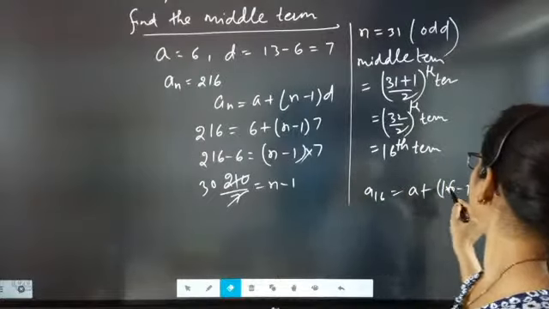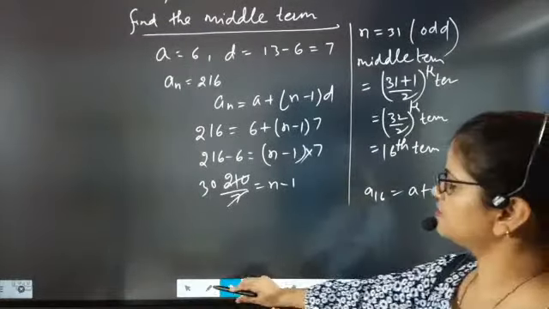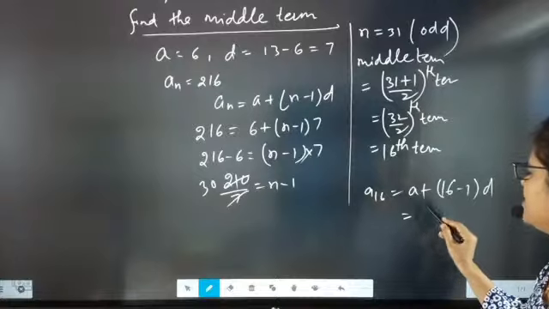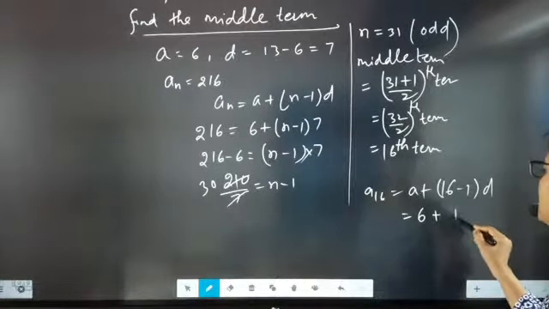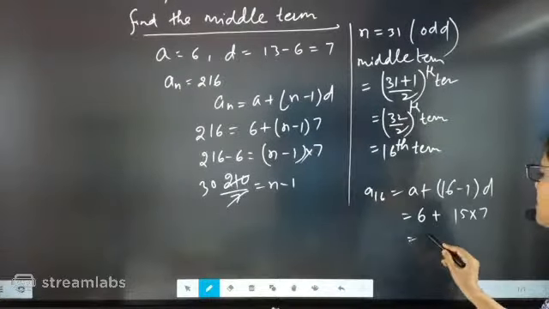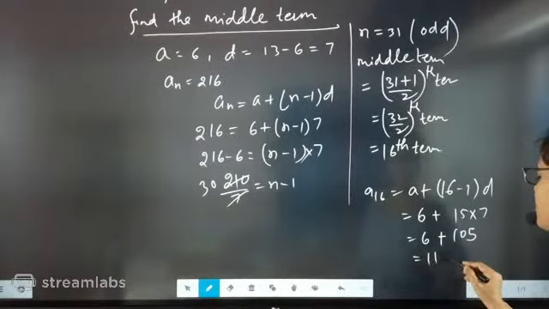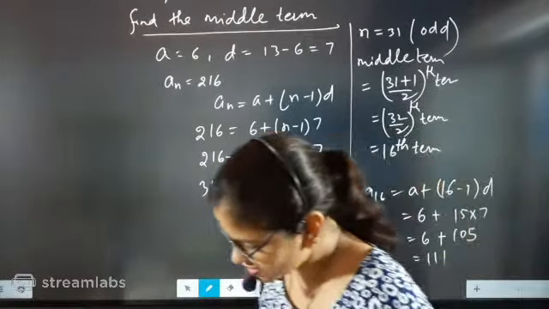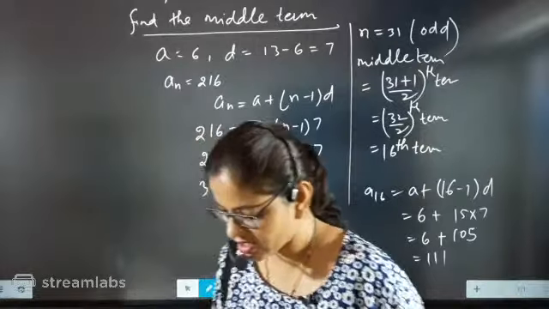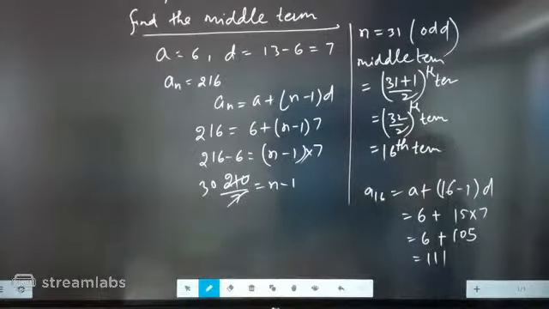But what is a, beta? a is 6. 15 into 7 is 105, so 111. Absolutely correct. The 16th term value is 111.